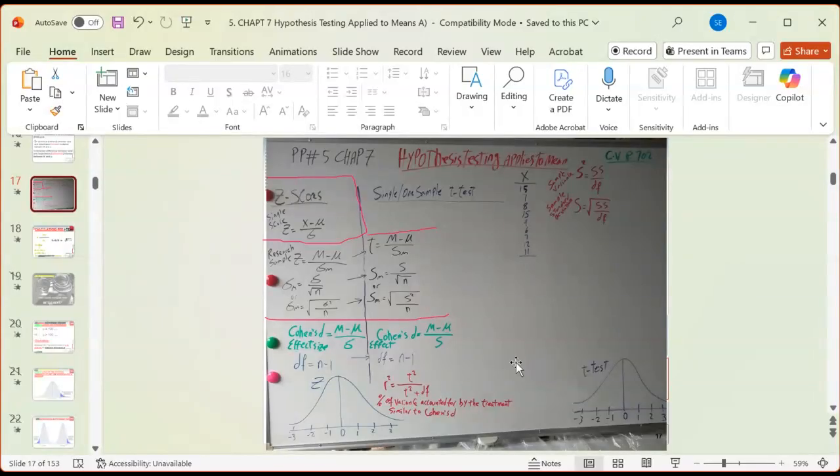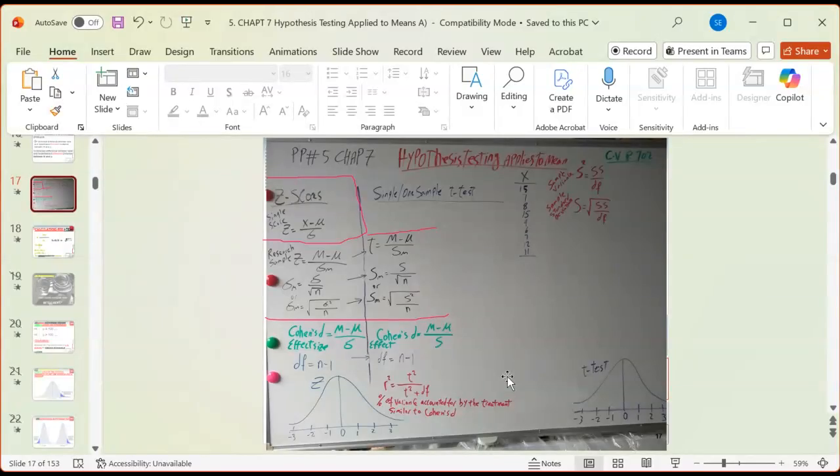DF is the same, n minus 1, and from this point on, for hypothesis testing with the t-test, we use Cohen's d and R squared. They both really do the same. They tell us how accurate we are.